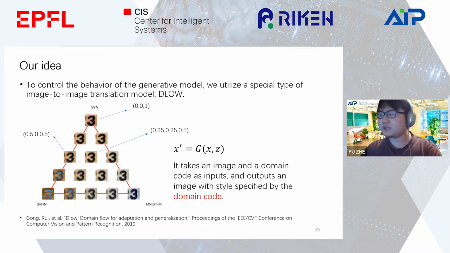In the left figures, we show several samples of the domain codes. These figures all take the same X as input, but you can see that by utilizing different domain codes, the style of the images can be very different.